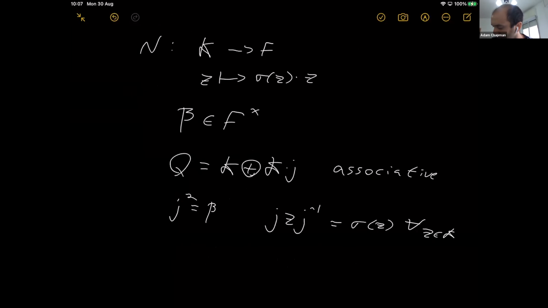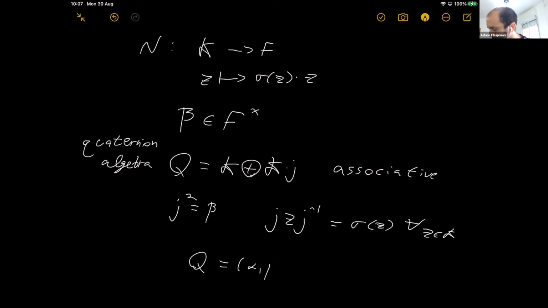So Q is a quaternion algebra, and it's usually denoted by what we call a Hilbert symbol, alpha beta over F.